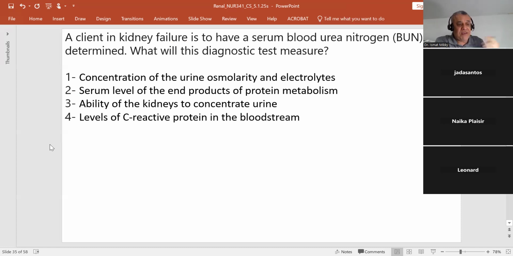So in kidney failure, the kidneys cannot clear all of this BUN or urea from the blood, so the creatinine and the BUN level will be elevated. That is why, especially with patients in acute or chronic kidney disease, we always do the renal function tests: the BUN, creatinine, and GFR.